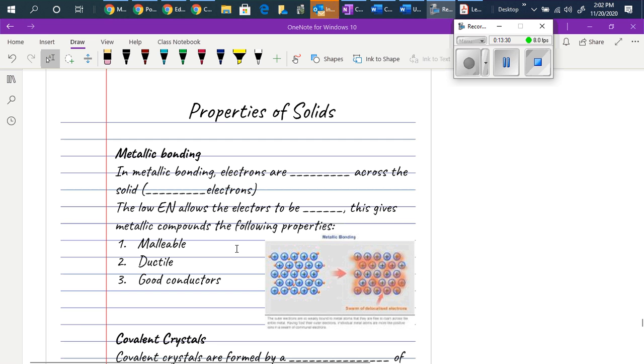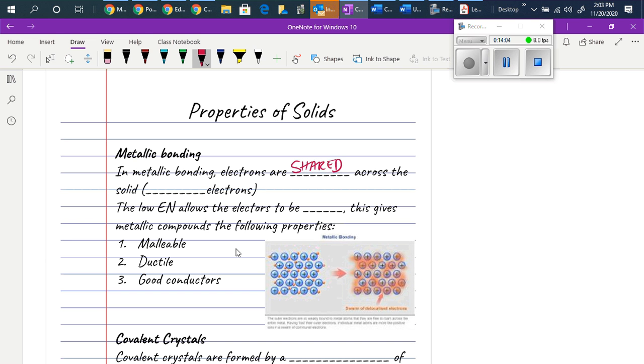Now, the last part of this lesson and the last part of the bonding unit is talking about the properties of solids. When we have a metallic bond, the electrons are shared across the solid. So think of any metal, iron, magnesium, or any metal. What is happening is that the electrons are shared across the solid.